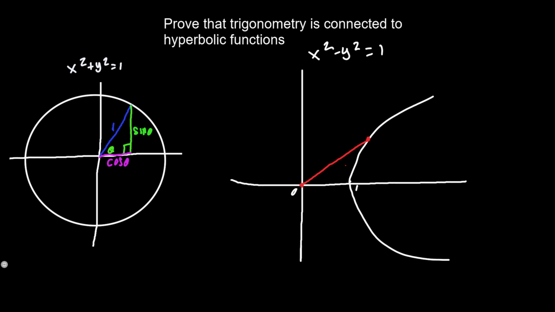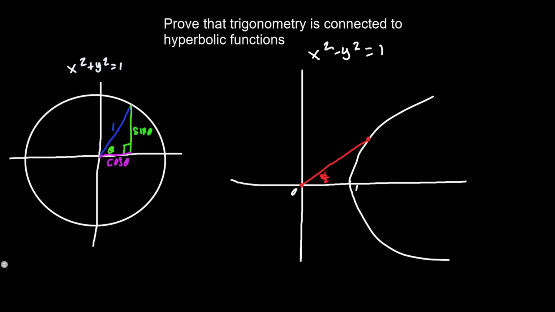And if we shade in all of this, we could say that the area is going to be, let's say, alpha over 2, right? We're just going to use area to represent our hyperbolic angle and represent our trigonometric and hyperbolic functions.